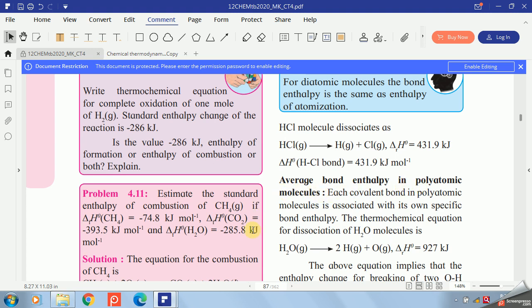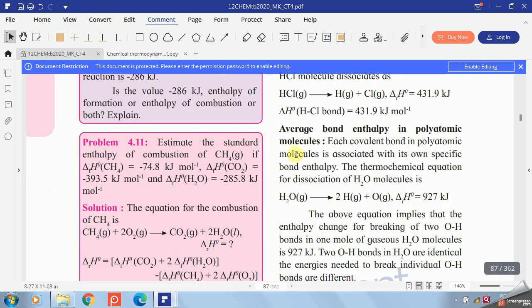Average bond enthalpy in polyatomic molecules. Poly means many, so the number of atoms is more. H2O gas gives 2H plus 1O gas. The enthalpy of this reaction is 927 kilojoule per mole. Here each covalent bond in a polyatomic molecule is associated with its own specific bond enthalpy.